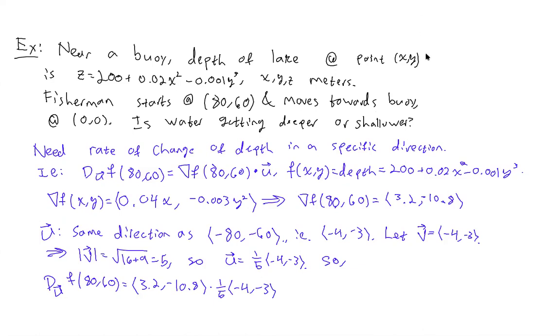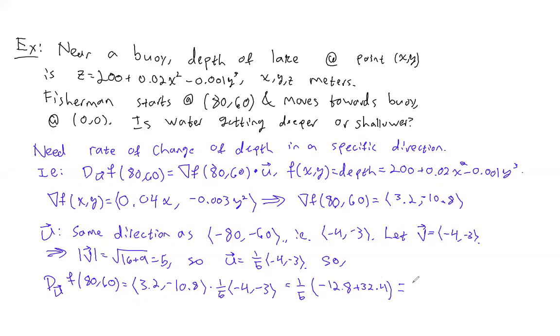If you do the calculations, that's going to come out to 1/5 times negative 12.8 plus 32.4. After dividing by 5, that comes out to 3.92. So that's our final answer.